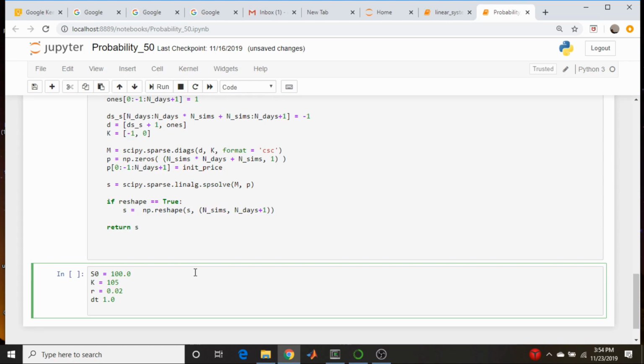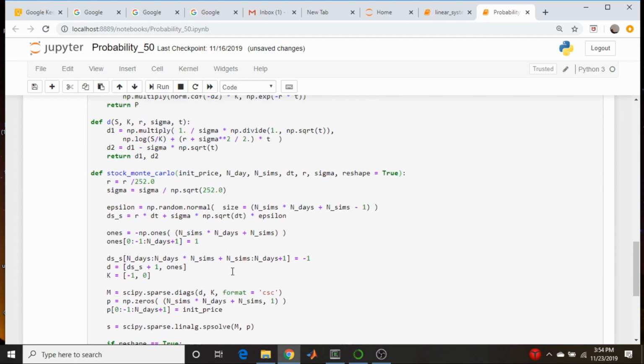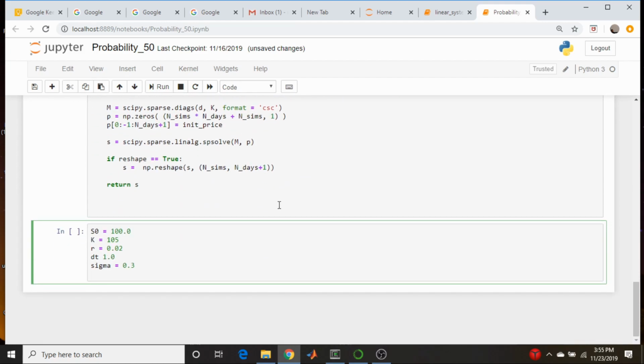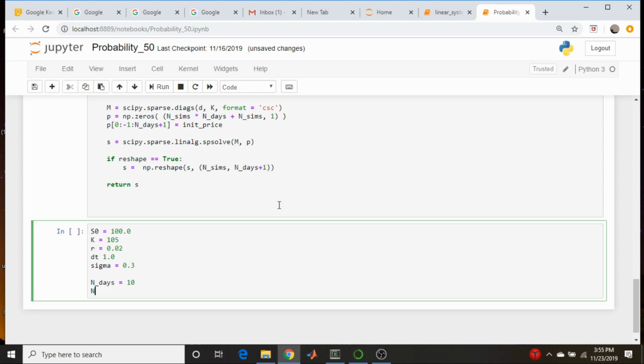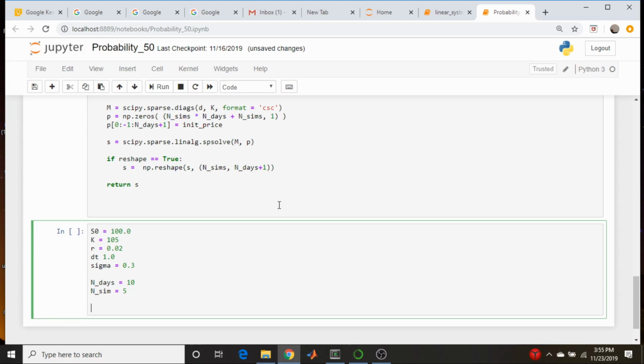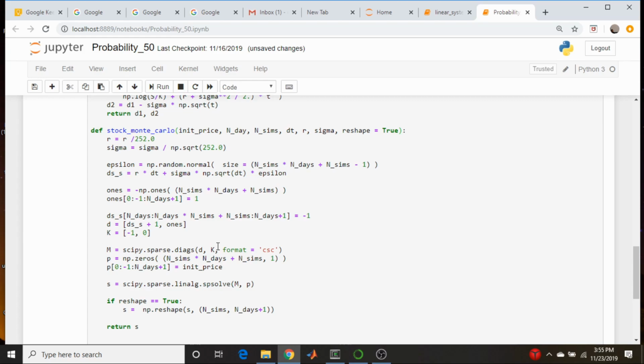We need a volatility. So let's just say sigma is equal to 0.3, 30%. We need the number of days, the number of simulations, dt, r, sigma, and that's it. So let's do 10 days. So n_days is equal to 10, and n_sim, we're just going to do 5 for now. Let's see if we can actually call this function and there are no errors in this code.